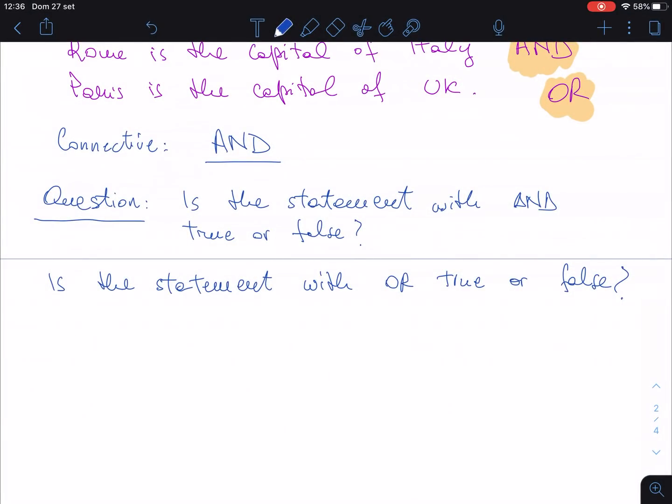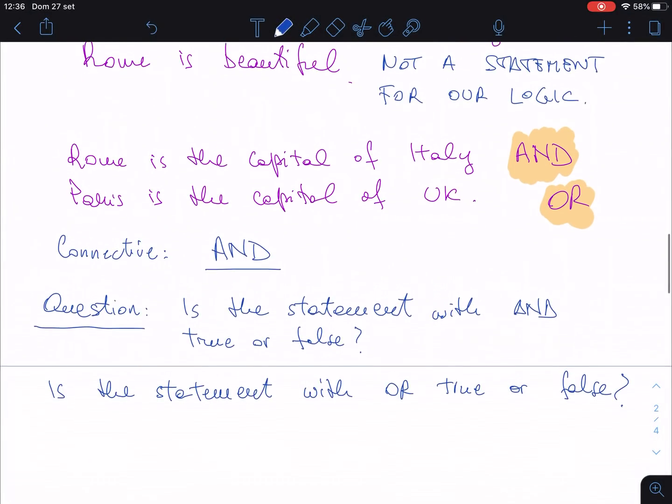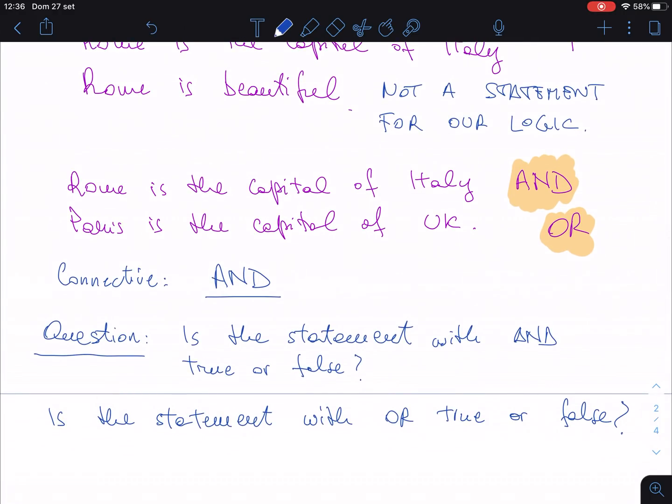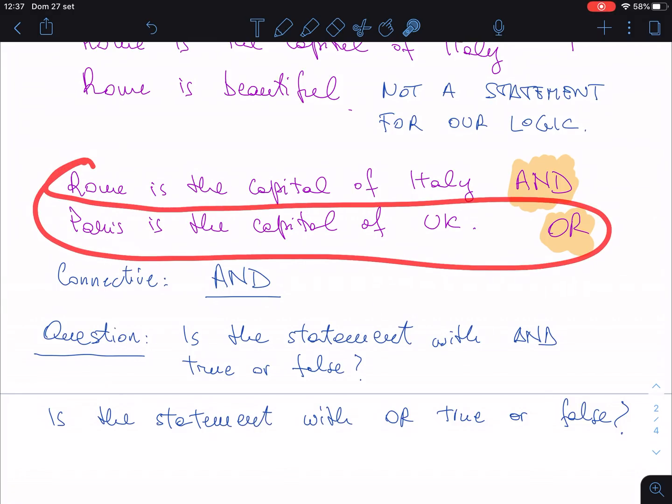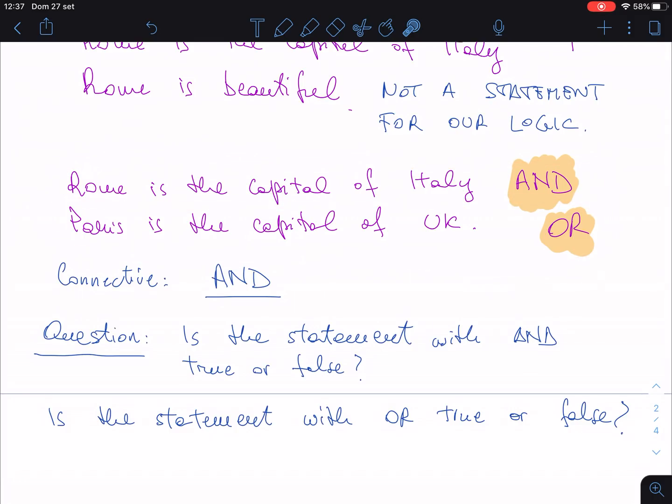So let's go to the second part. And so when I ask you whether the statement here, Rome is the capital of Italy and Paris is the capital of UK, is true or false, you have to consider it in an intuitive way.